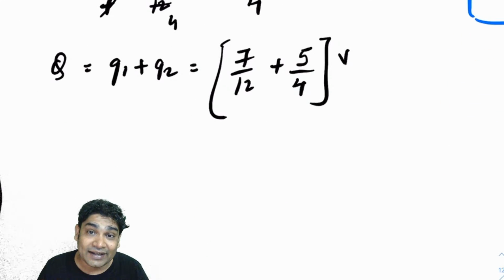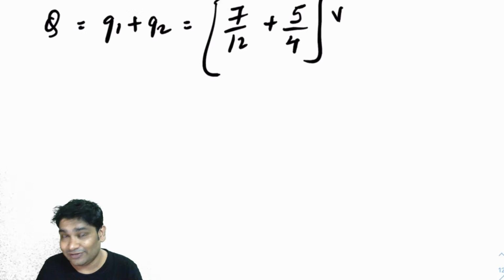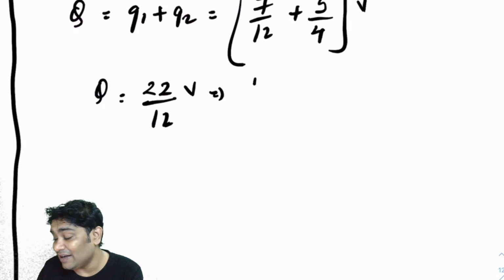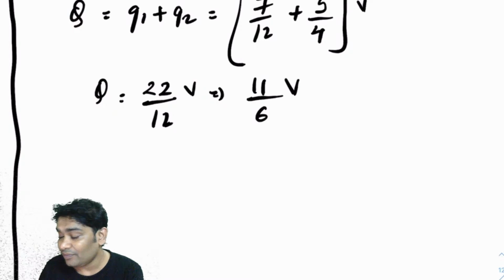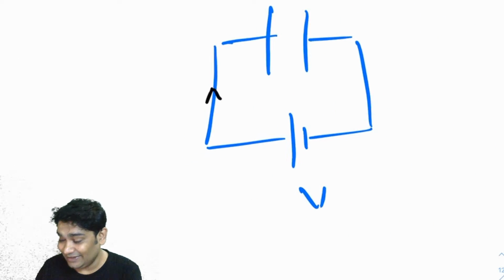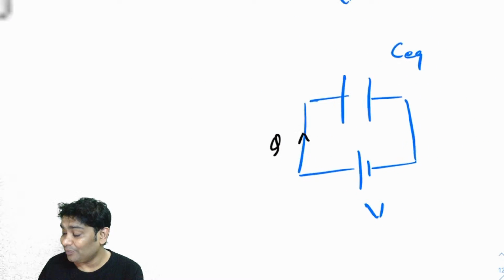Now I can take 12 as my LCM. I am getting 7 plus 15, that is 22, so 22 by 12. So capital Q is 22 over 12 V, which can also be written as 11 over 6 V.